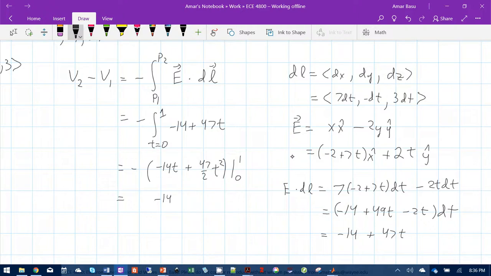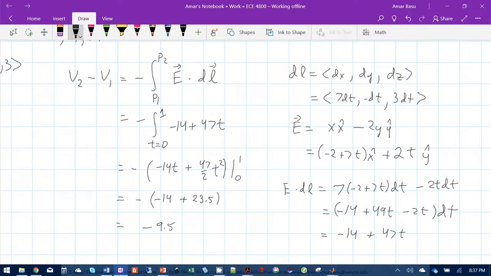Negative 14 plus 47 over 2, 23 and a half. My brain is foggy. What is the final answer here? Okay. 59. Okay. Does everyone see how to do that problem?